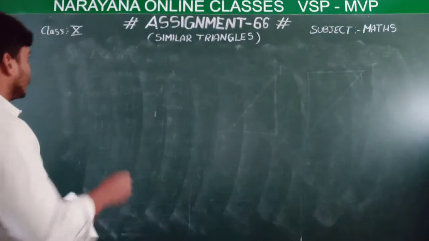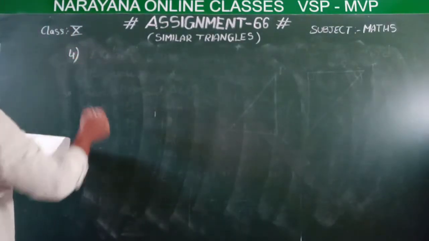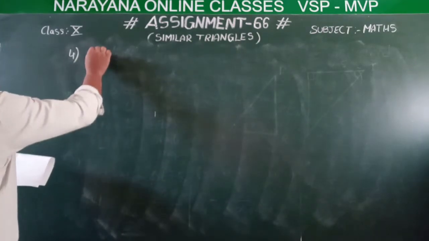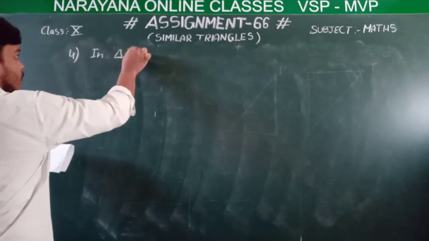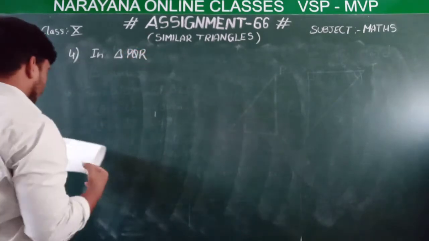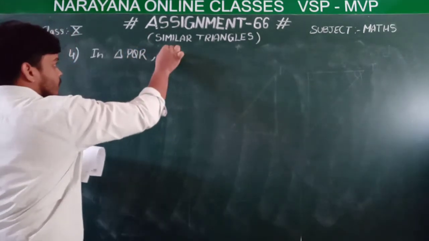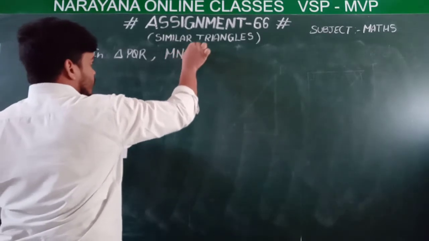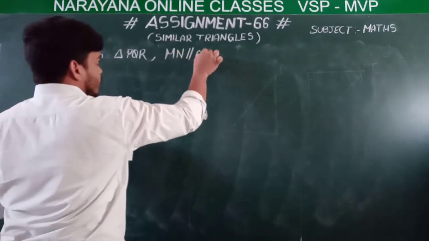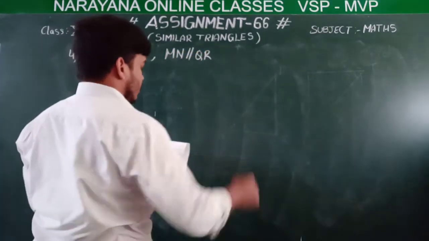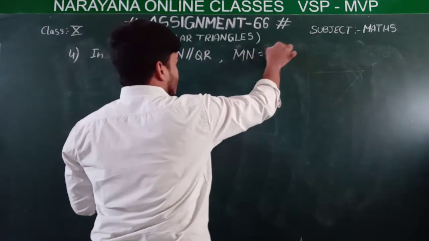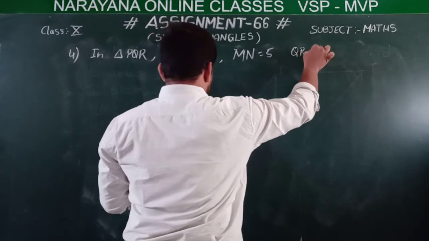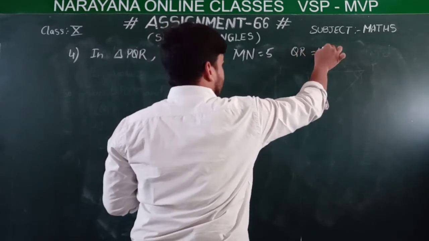Now coming to the fourth one. In triangle PQR, MN is parallel to QR and MN is given. MN is equal to 5 and QR is equal to 15.